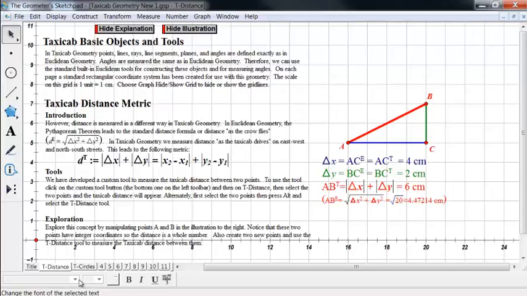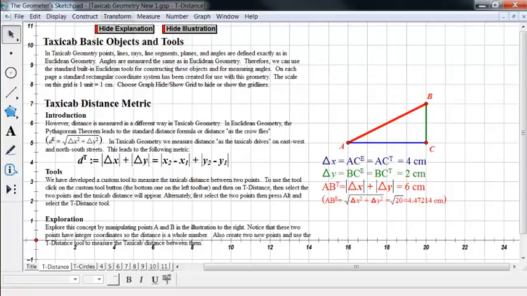So we can use all the standard built-in tools, these straight edge tools for making line segments, rays, and angles. We can use the point tool for making points. We can use our transformation tools for rotating things to work with angles exactly like we would in Euclidean geometry.